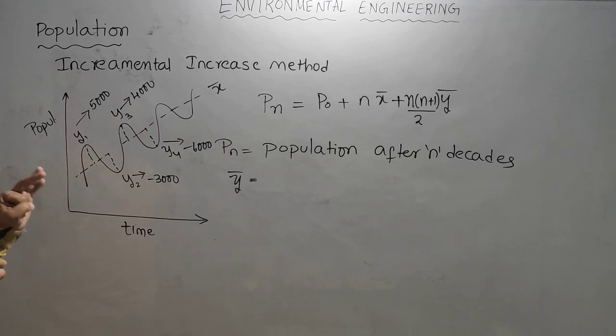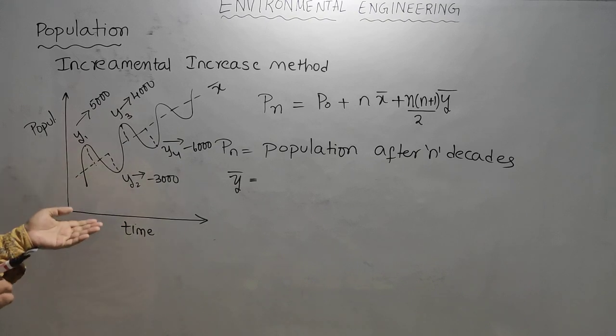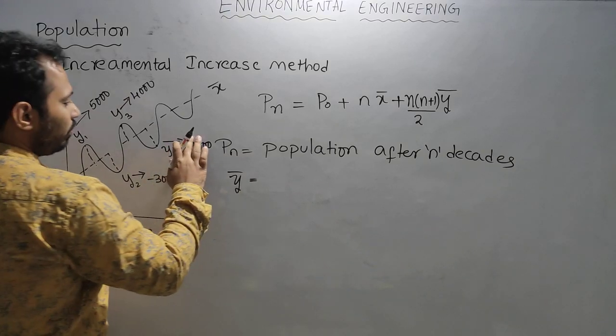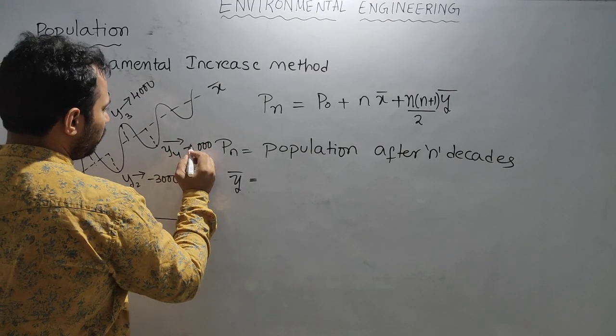So Y bar should be the sum of all the values duly considering the signs. You are not supposed to neglect this minus here. You need to add it in the form of minus only if it is going down. So that is what you need to consider during the calculation of Y bar. For our explanation, let us take it as 5000.